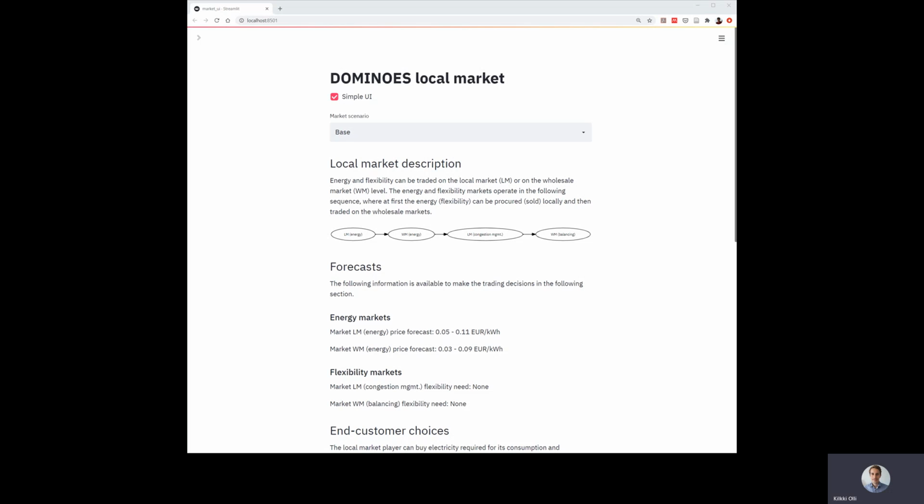And it just needs repeating that it's not an actual end customer interface, which is studied in Domino's separately, but this is just a visualization of the process and a simple game-like way to illustrate. It just considers a single time period with several assumptions and simplifications.